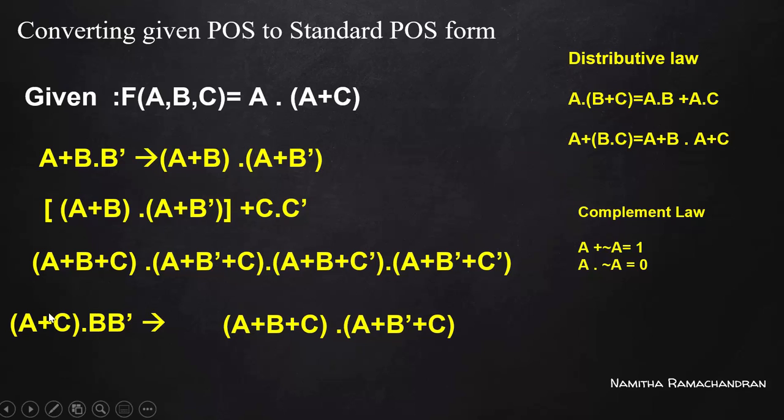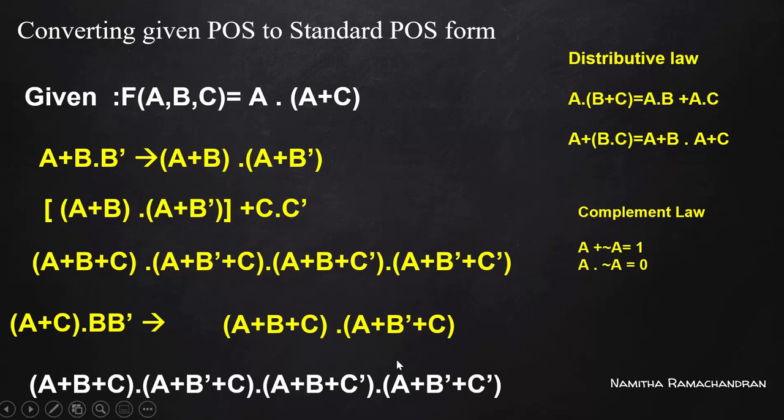Okay. Now consider these terms and these terms and rewrite. Here A plus B plus C is present, and again A plus B plus C is present. We need to write the repeating term only once in our standard form. So write A plus B plus C only once, and A plus B complement plus C, which is again repeating, only once.